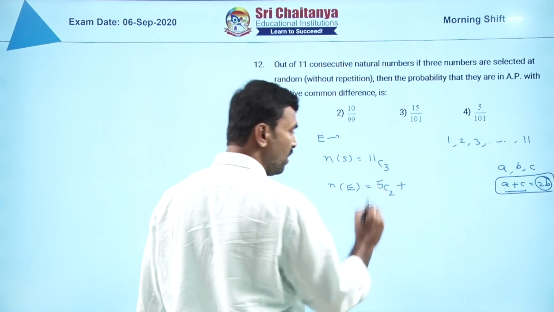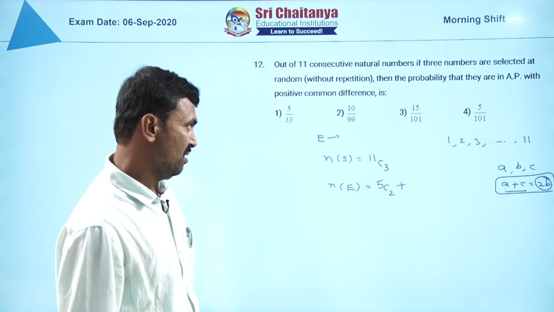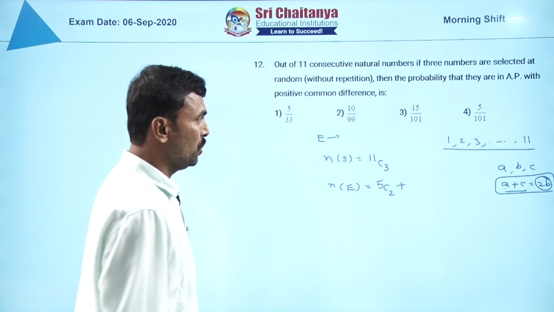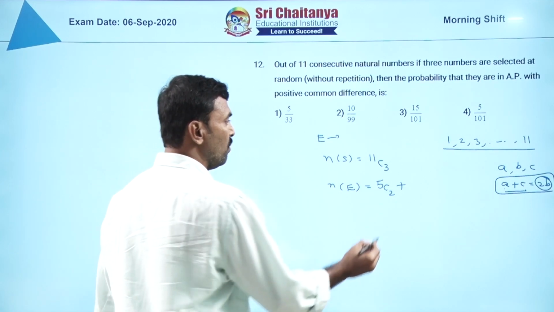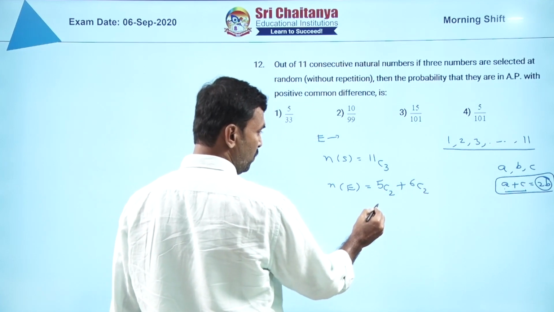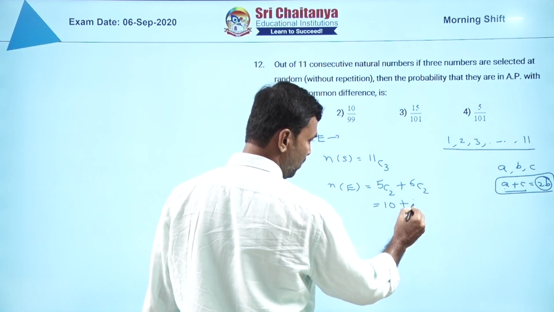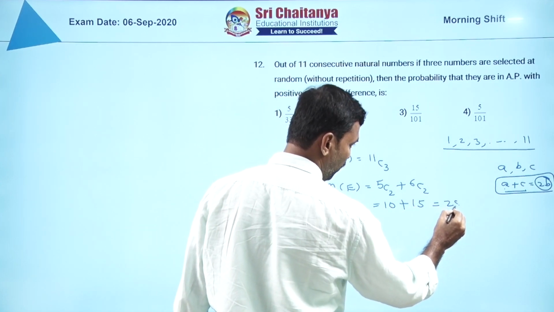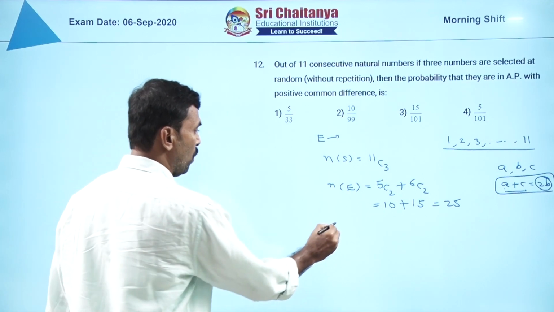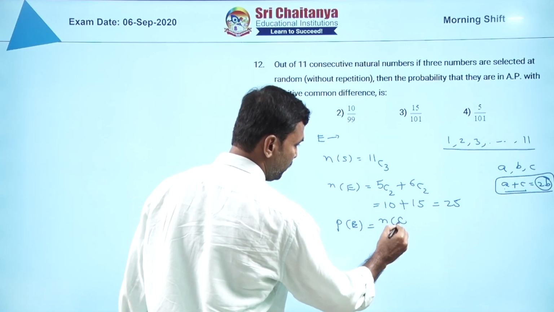Or I can select 2 odd numbers; 6 odd numbers are there in these 11 consecutive natural numbers. So, from 6 odd numbers, 2 odd numbers can be selected in 6C2 ways. 5C2 is 10 and 6C2 value is 15. So, total 25 ways. So, probability of E is equal to n of E by n of S.